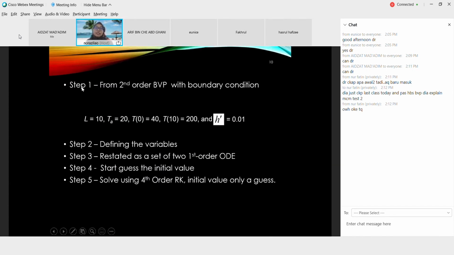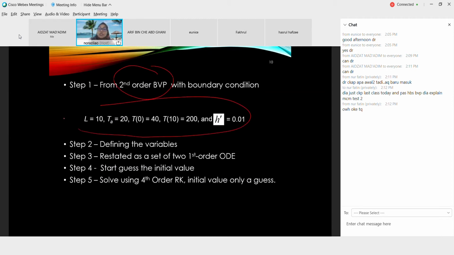So this is the step for how we use the shooting method. First, you have a second order BVP and then you declare your conditions for solving the BVP and then you define the variable. It means, what is the variable involved in your problem, y(x), and then restate it as a set of 2 first order equations.